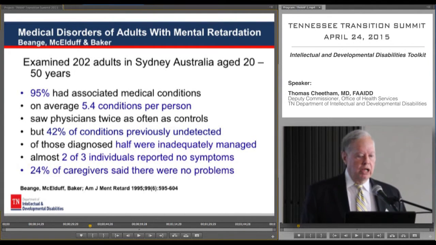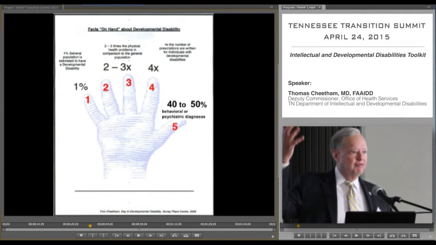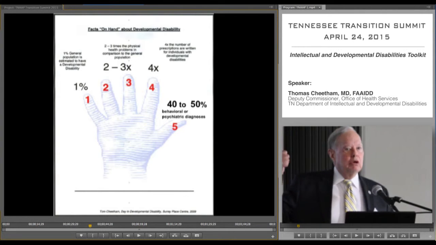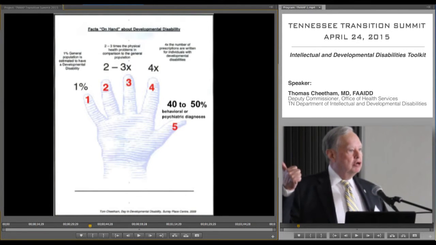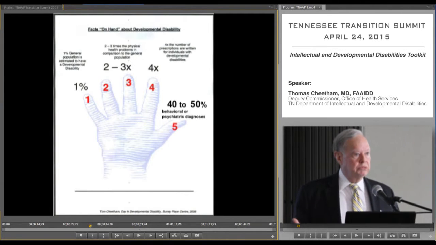This doesn't project well, but I'm always trying to convey some of this information in digestible bites to residents and nursing students and medical students. And I always think about 1, 2, 3, 4, 5 as a way of remembering some of this. So if we think 1% of the population has an intellectual disability, we have good evidence that they have 2 to 3 times the physical health problems compared to the general population.